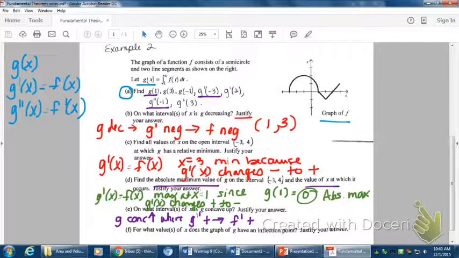So positive slopes would occur there and there. Everywhere else is negative. So f prime is positive from -3 to -1, and also from 2 to 4. You wouldn't go to infinity because the graph just stops at 4 according to this particular one.